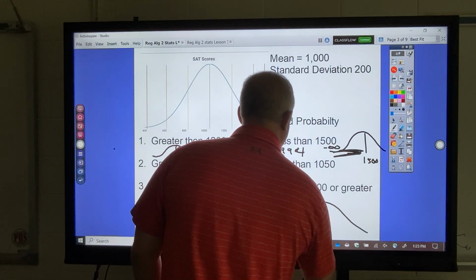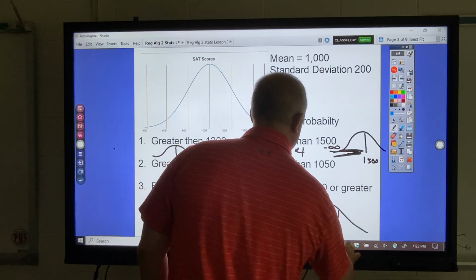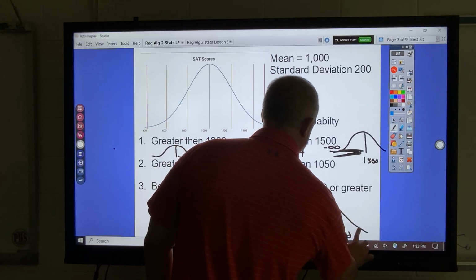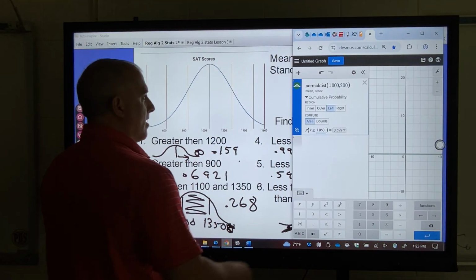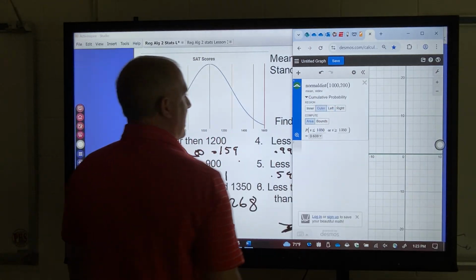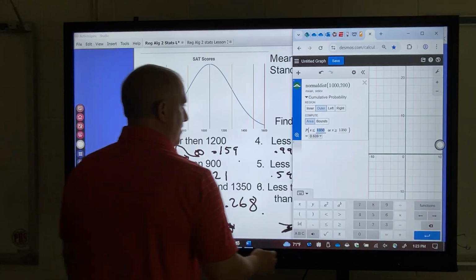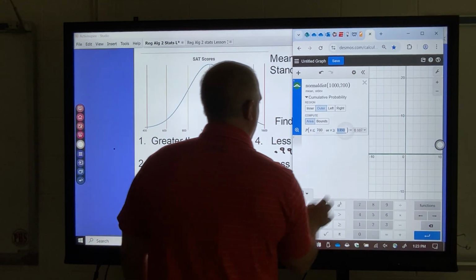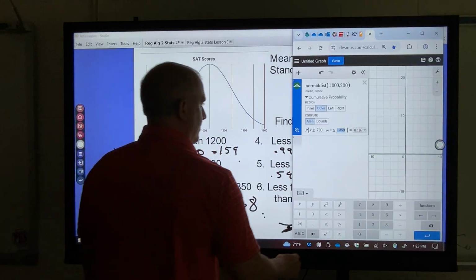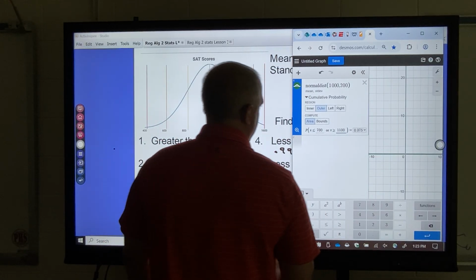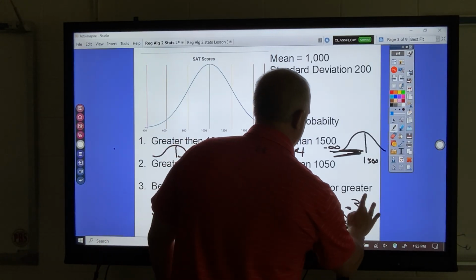Less than 700 or greater than 1,100. So what that means is I got this and I got this. Now, I want to say outer. It's going to go less than 700, greater than 1,100. So this is actually really easy. 0.375.